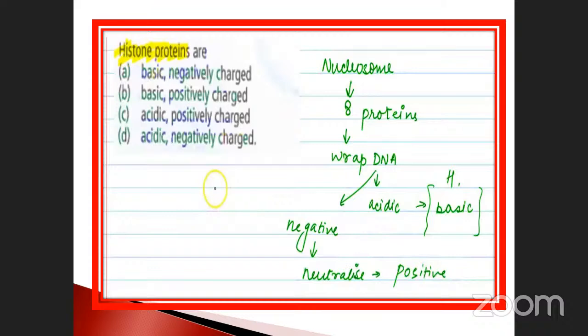So that is neutralized by the positive component. So, sir, what is that component here? This is the question for you. Basic component and also positively charged. This is the result: histone protein molecules are basic in nature and positively charged. That is very, very important. And suppose if it is negative, what happens? It neutralizes the positive charge.